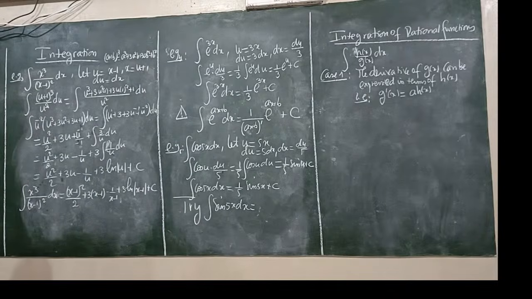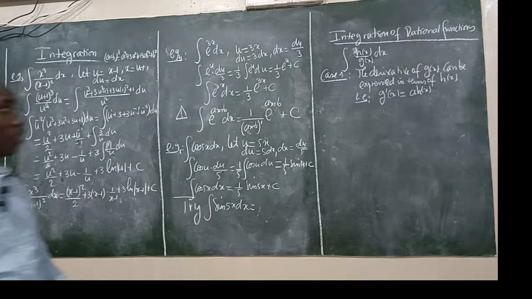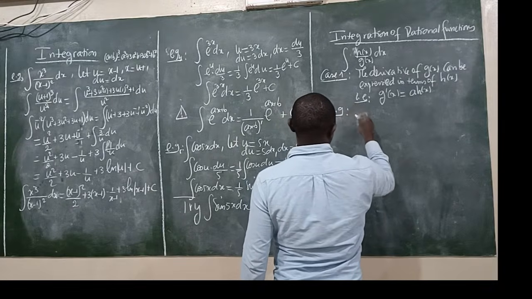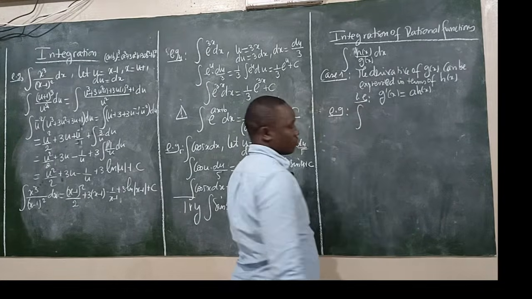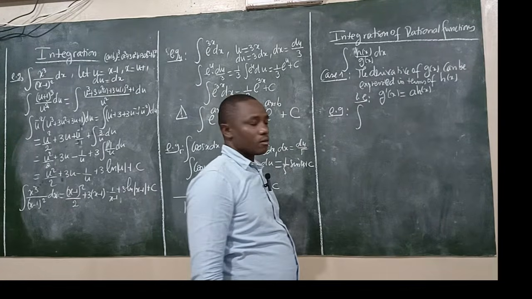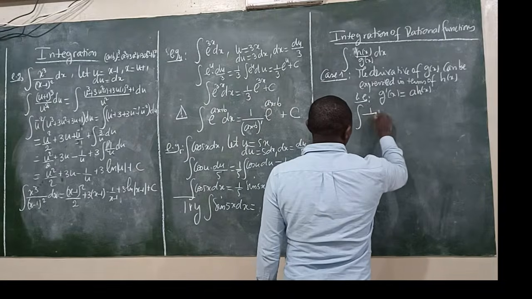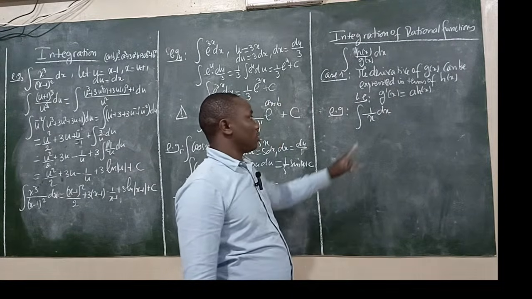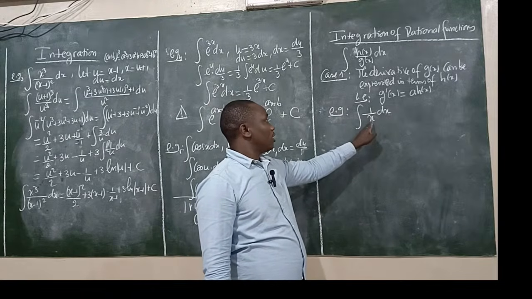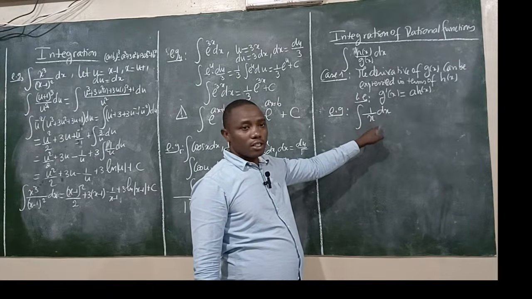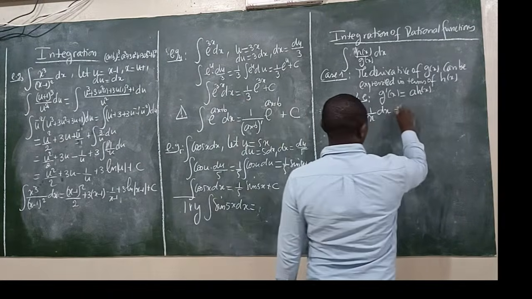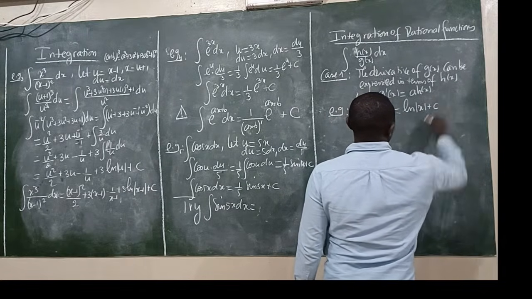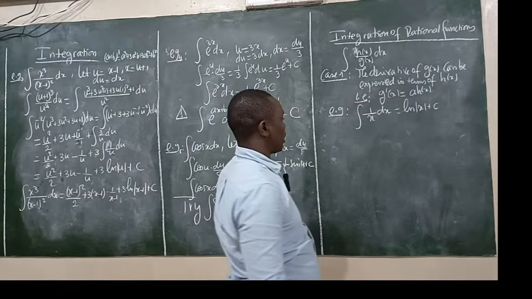Let's have a small example. The small example is the one you had here: the integral of 1 by x dx. We have seen that the integral of 1 by x dx is ln x plus c.